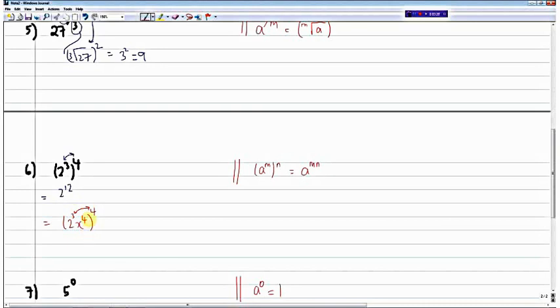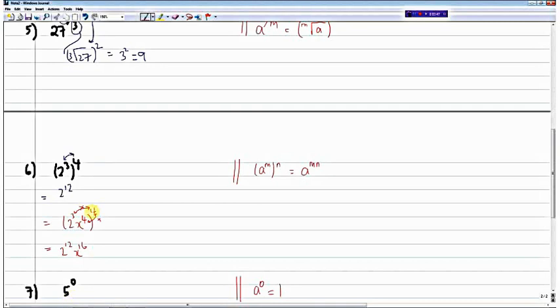So it will be 3 times 4, and then this needs to be multiplied as well. So the answer would be 2 to the power of 3 times 4, 12 multiplied by x to the power of 4 times 4, which is 16. Okay, make sure you multiply each power term.